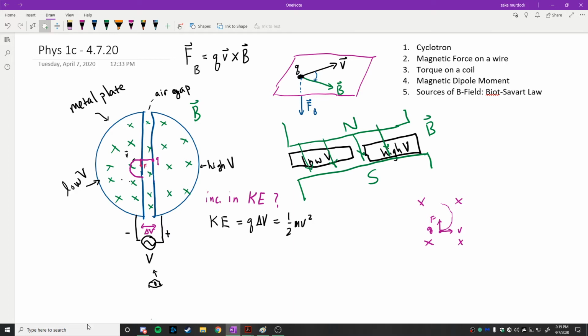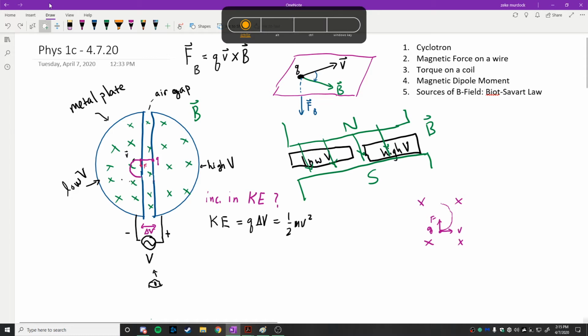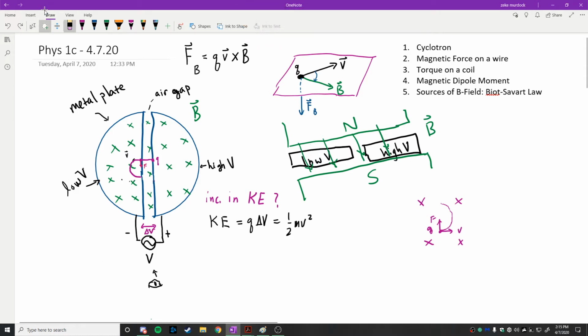So we're going to make it so that what was originally negative is now going to become positive. So now this one's going to be positive over here, negative over here. This is going to end up being the high potential now, right? Because it's the positive side. And the other side will end up becoming the low potential side. Does that make sense?